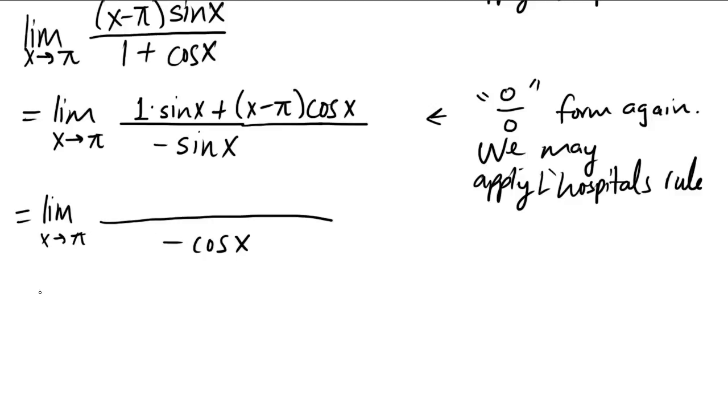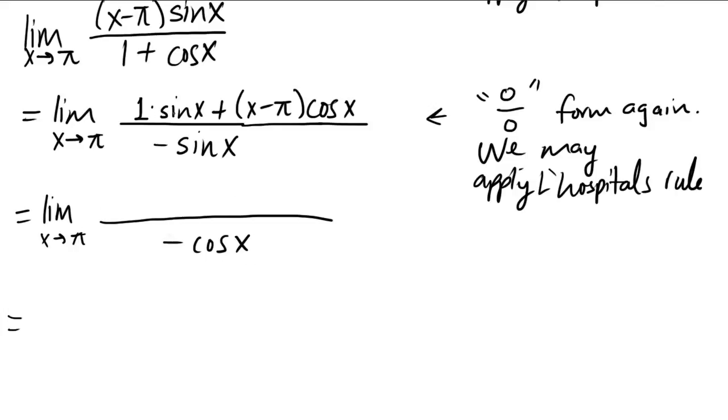And that means on the next step here, I'm going to be done. Whatever I get on the top, I'm just going to put pi in everywhere, and that'll be my final answer. And just to emphasize, the reason I know that I'm going to be able to stop after this next step, and I won't have to apply L'Hopital's rule again, is because when I put pi in here, I get a non-zero number now.